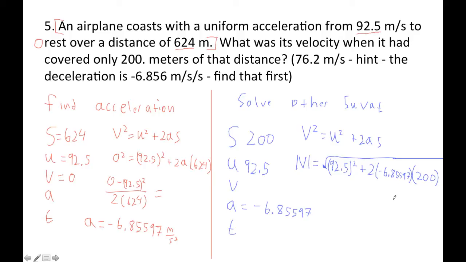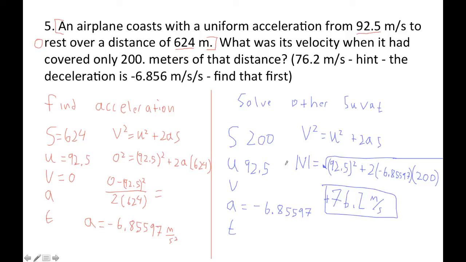And I get 76.2425 roughly, right? It's just a little less than 25. So 76.2 meters per second. Ta-da! Now, the other possibility is that it's negative that. But since the plane's not going back and forth, it doesn't really make sense. So only the positive answer in this case makes a lot of sense.